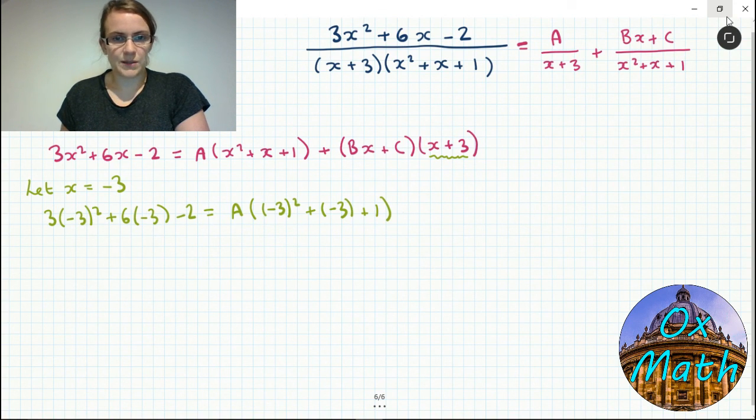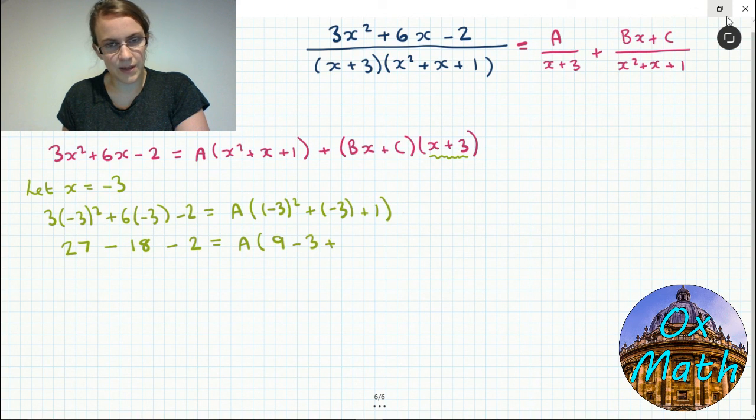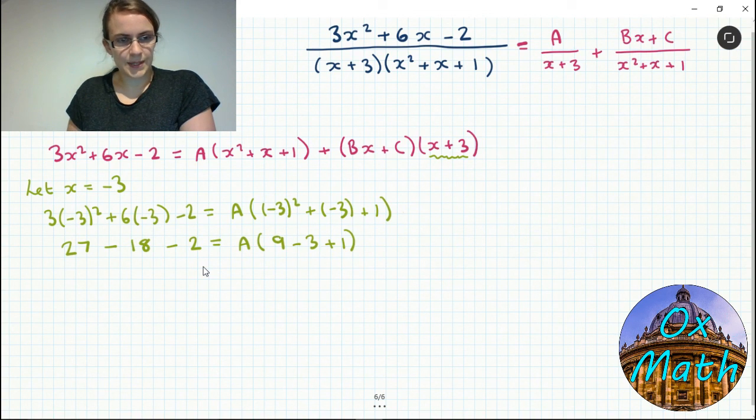So we don't actually need to write down our final term, because we know that the x plus 3 makes 0 and eliminates the Bx plus C. So minus 3 squared is plus 9, so 3 times 9 is 27, minus 6 times 3 is 18, minus 2 equals A times (minus 3 squared again is plus 9, minus 3 plus 1). So 27 minus 18 minus 2 is 7, and that's equal to 7A, so A equals 1.